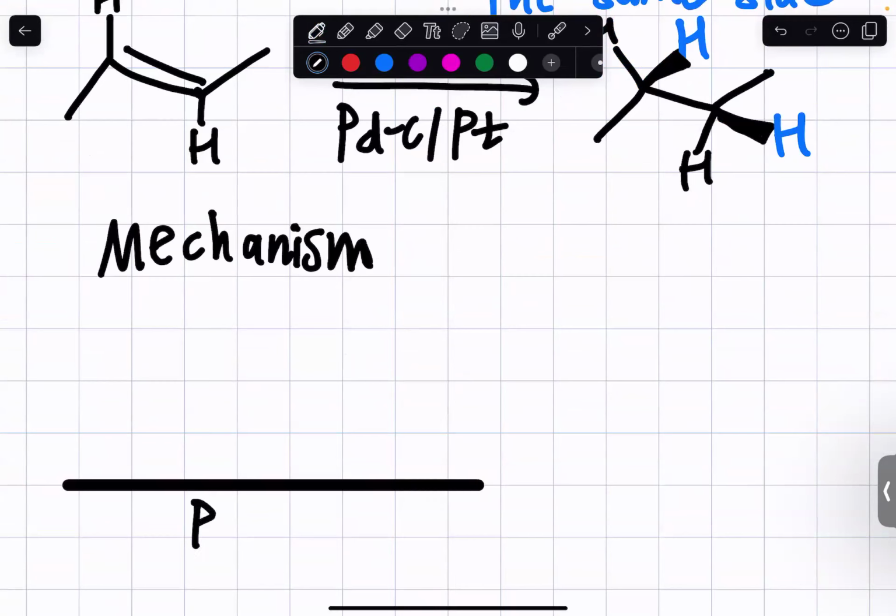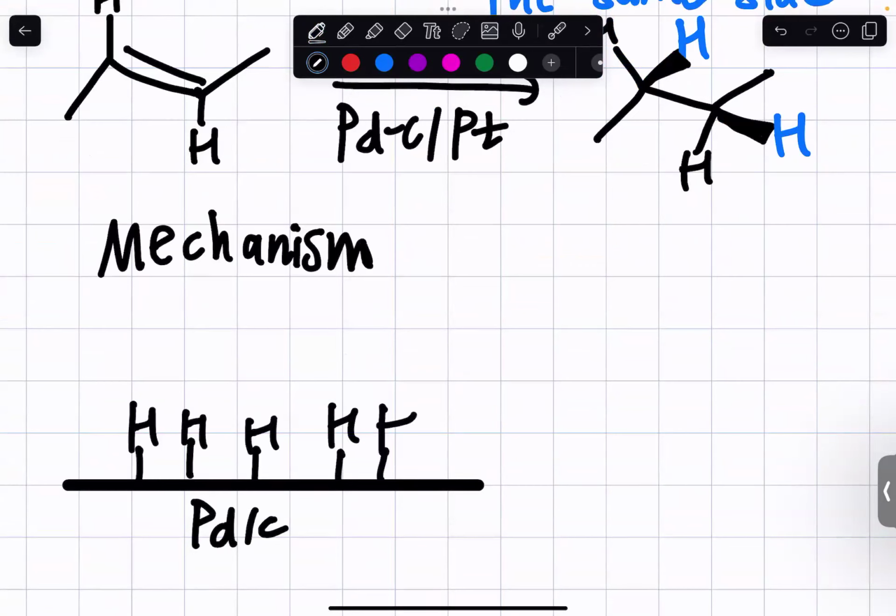So the mechanism is something like this. Let's say your metal catalyst is down here, and there are a lot of hydrogens on that metal. When you bring your alkene near this metal, I think it goes something like this. Wait, let me double check this mechanism really quick.